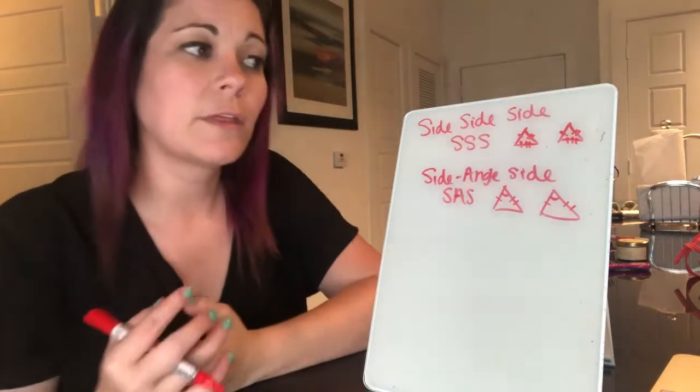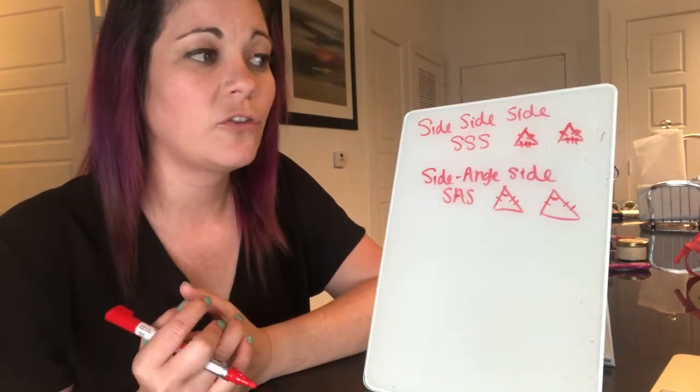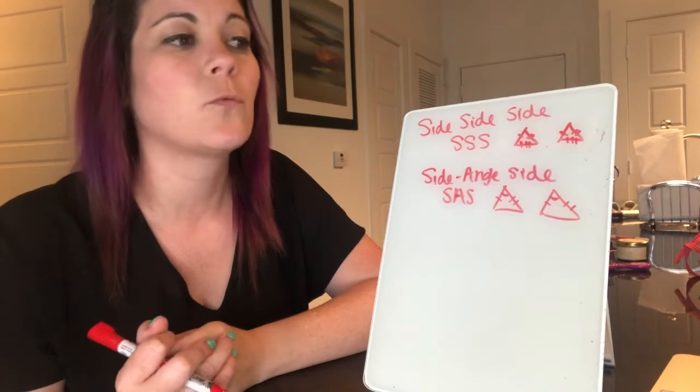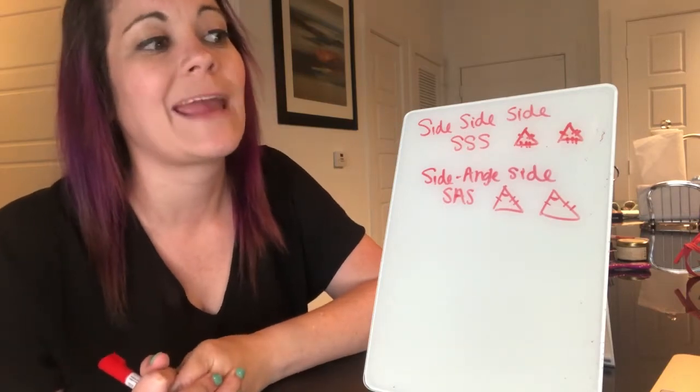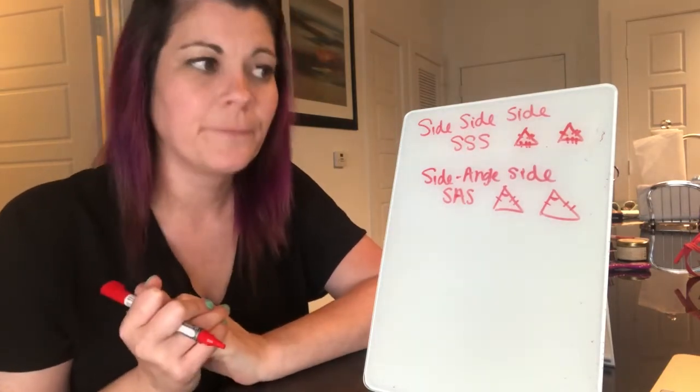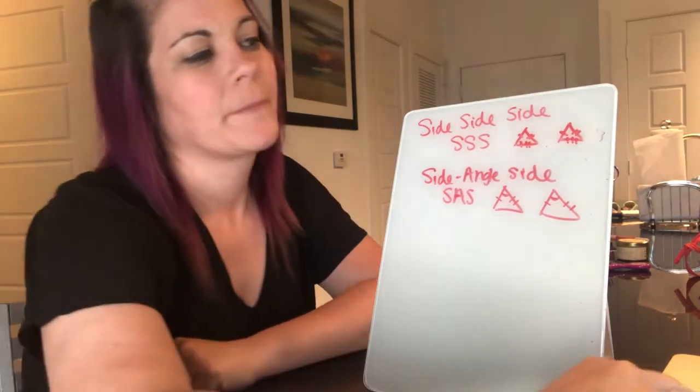The theorem says if 2 sides and the included angle of one triangle are congruent to the 2 sides and the included angle of another triangle, then the triangles are congruent.